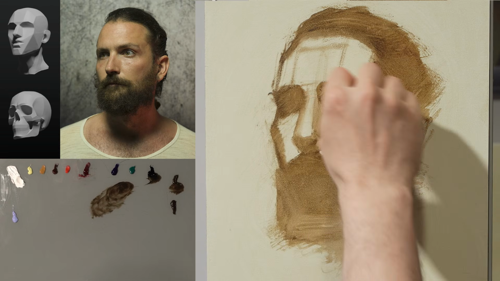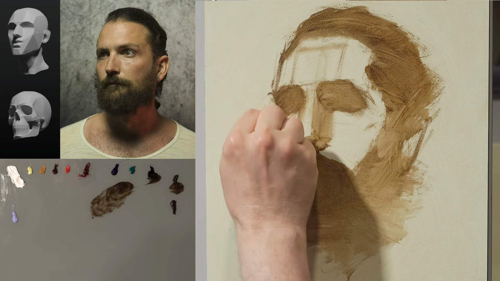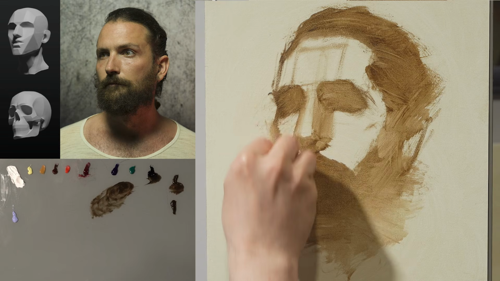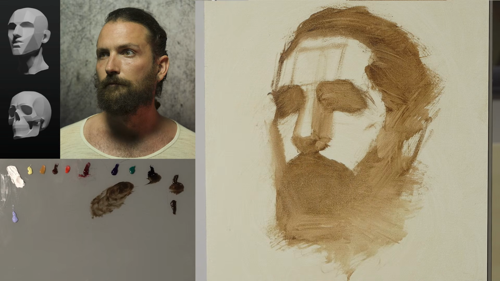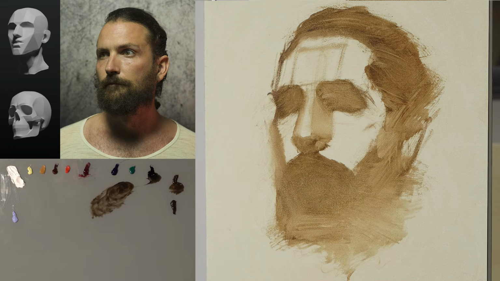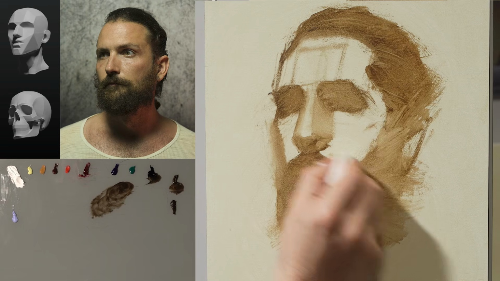It is some sort of underpainting now, the base of the head here. Since there are no shadows in the face, I don't really need to look for core shadow or for shadow lines. So for me, it's mostly just an initial stain.